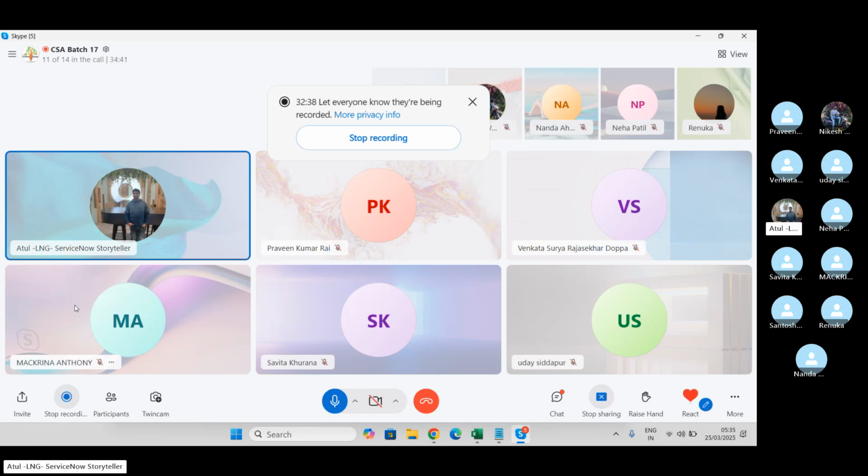A driver needs insurance. A driver needs a license. A license is issued by the license authority. So this is like a complete science in the background.